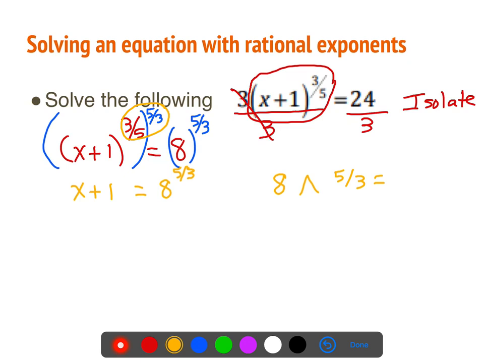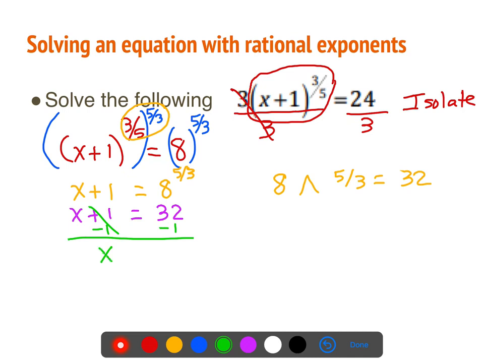Now this is where I can go to the calculator. In my calculator, I can type in 8 to the 5/3. And when I do, it's going to do the cube root of 8, which is 2, and 2 to the 5th is 32. So it's going to tell me that 8 to the 5/3 is 32.